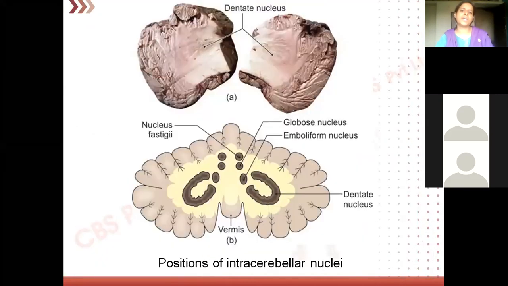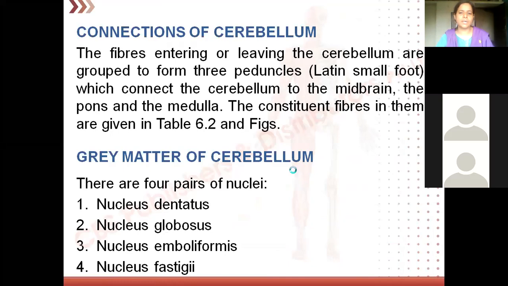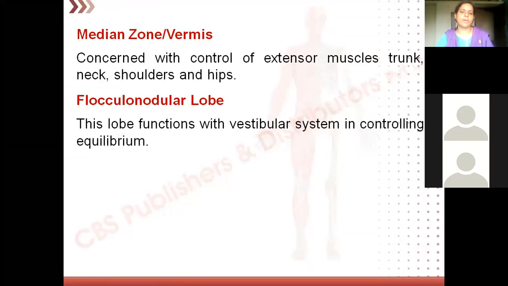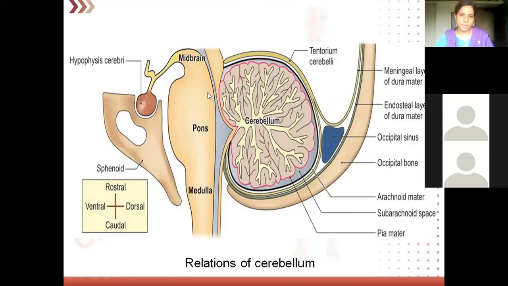This is the posterior aspect of the brainstem, which is nothing but the floor of the fourth ventricle, isn't it? Position of cerebellar peduncles: these are the three peduncles we have, superior, middle, and inferior cerebellar peduncles. Peduncles are cut, cerebellum is removed. Once you remove the cerebellum, you see this area where I am scrolling my arrow now.